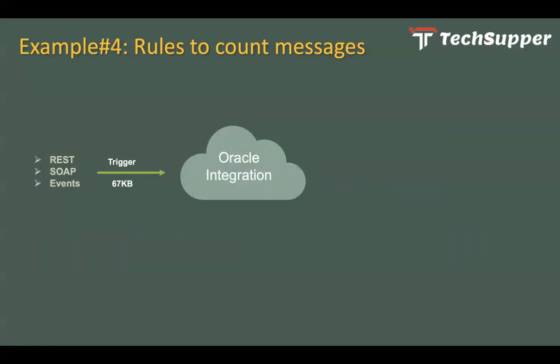Example 4. Let's suppose you have REST, SOAP, or events. Here you are getting a trigger and the payload is 67 KB, and you are calling the database. But in this case, you are receiving a response of 68 KB, which is going beyond the 50 KB.